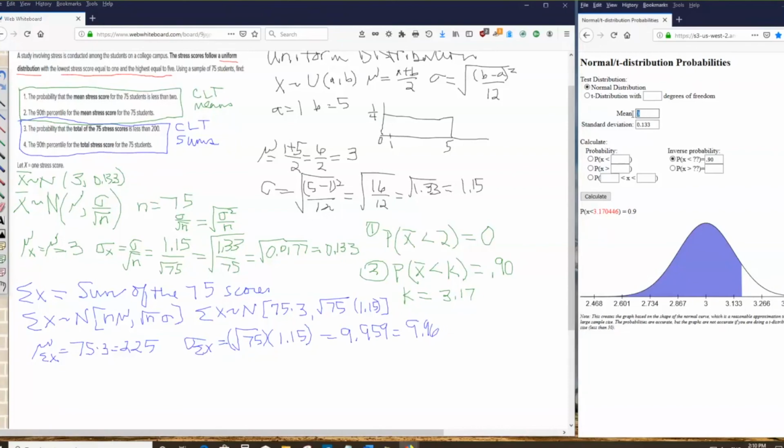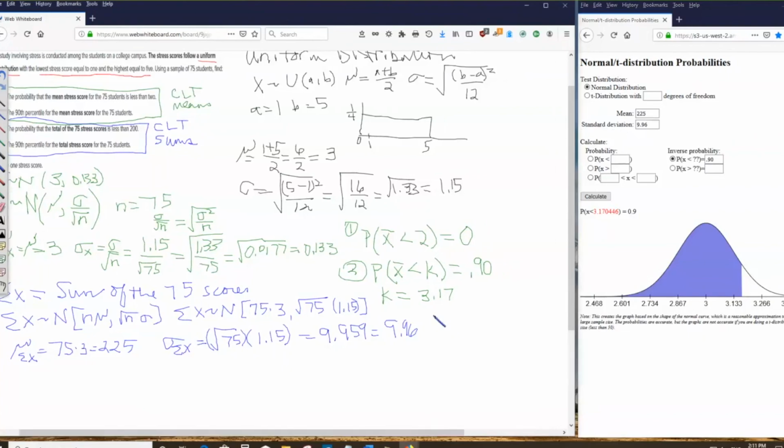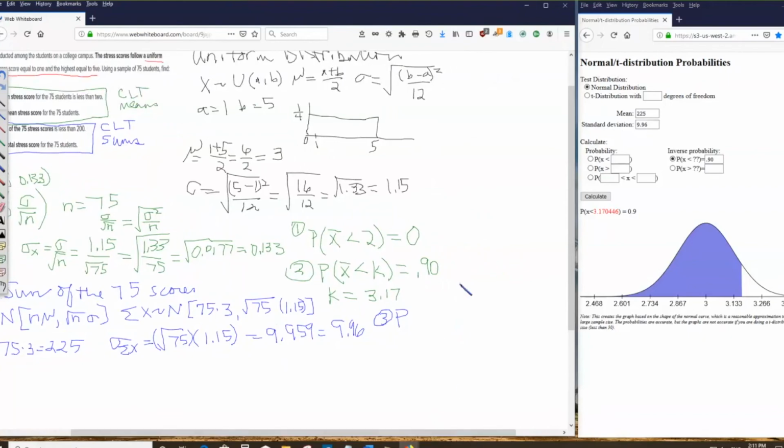So our mean is going to be 225. Standard deviation is going to be 9.96. And then for question number 3, we want the probability that the summation of x is going to be less than 200.